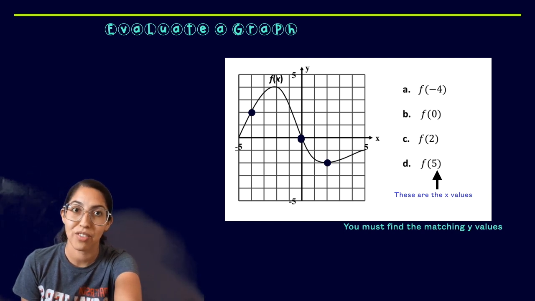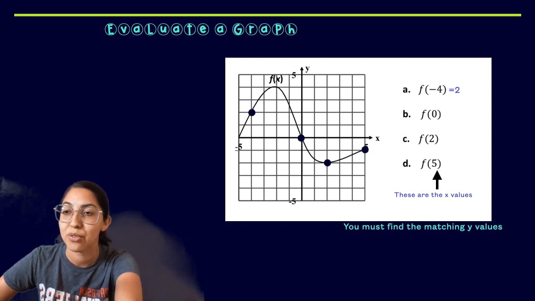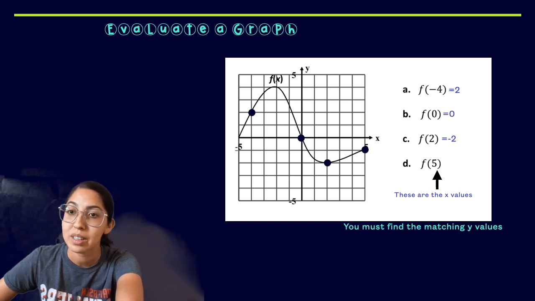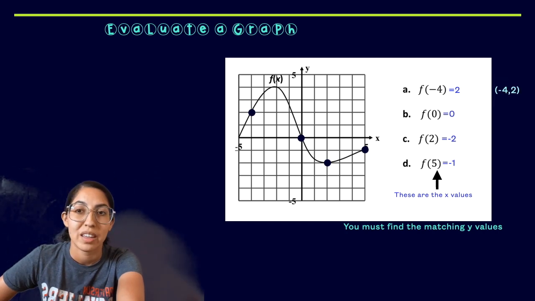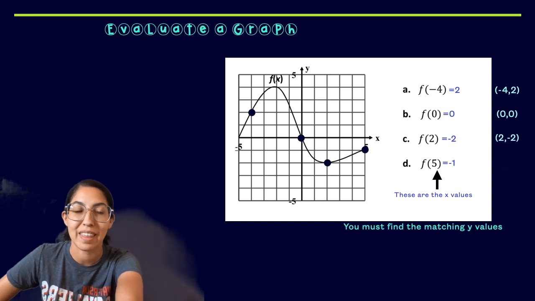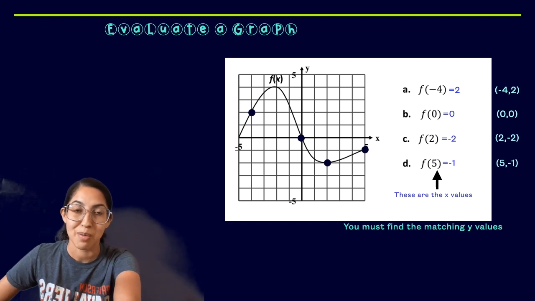And then last, we have f of 5, which we go to the side and down, and it's negative 1. So f of negative 4 equals 2, f of 0 equals 0, f of 2 equals negative 2, and f of 5 equals negative 1. So that is negative 4, 2; 0, 0; 2, negative 2; and 5, negative 1. And that is it for that.